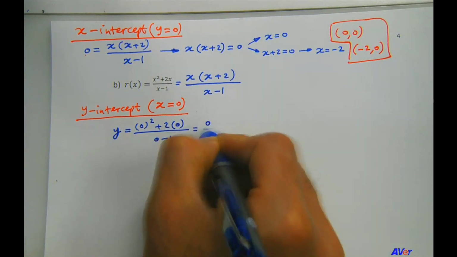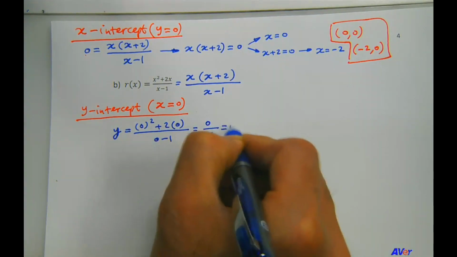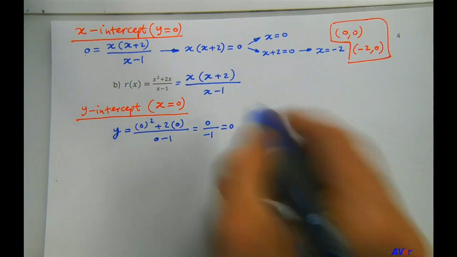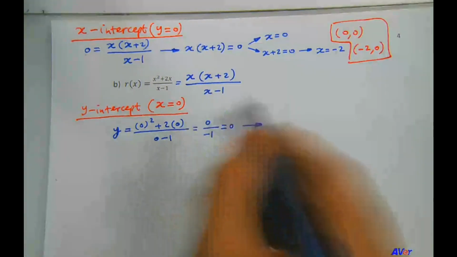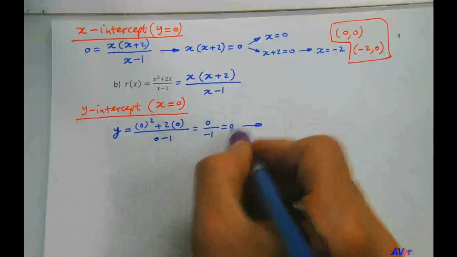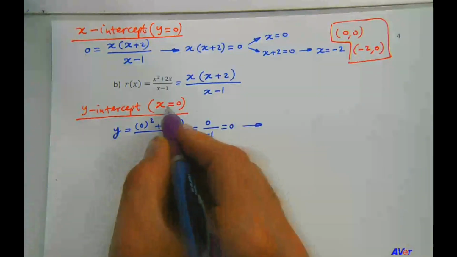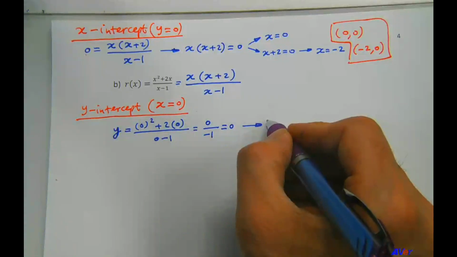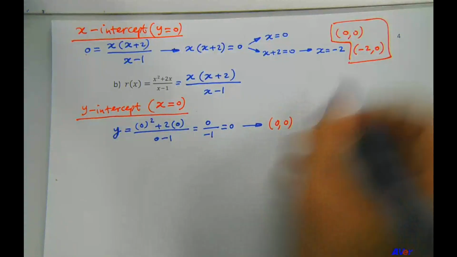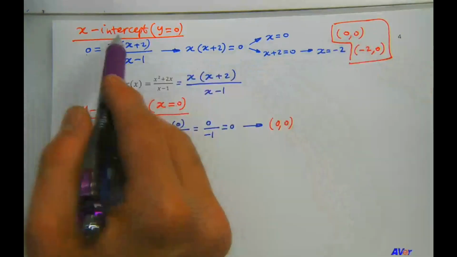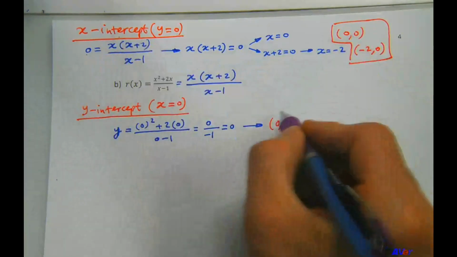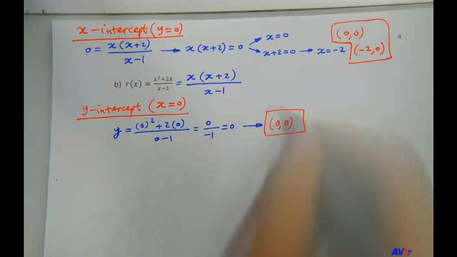So this is 0 over minus 1, which is 0. 0 divided by anything is 0. So the y-intercept is 0, 0. This is the value of y, and for x we substituted 0. So 0, 0 is both the x-intercept and the y-intercept, like that.